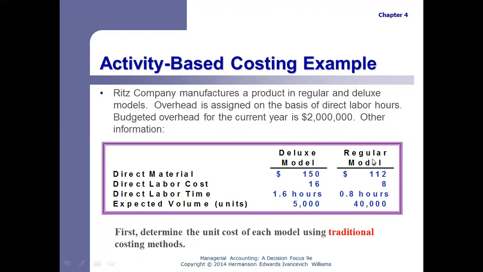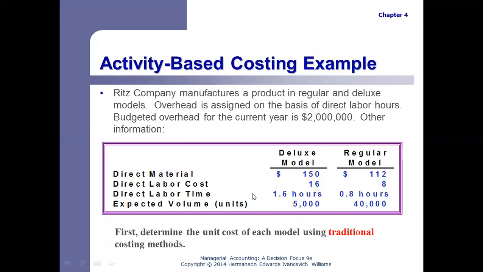How much should we charge to the regular model? An easy way would have been, I'll just give half and half. Okay, so half of this to the deluxe and we'll charge the other half to regular. That's the easy way. However, that's not the most accurate or comprehensive way to do it.